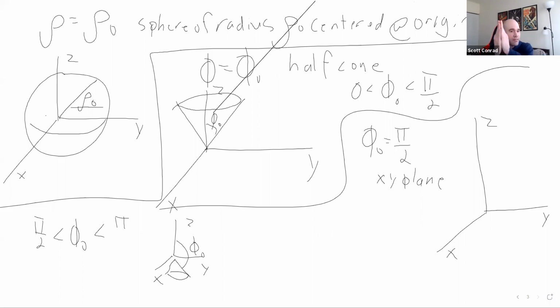So think of phi as starting at 0 on the positive z-axis, opening up a cone out to pi, and at pi, you're the negative z-axis. That's how I like to think of phi.